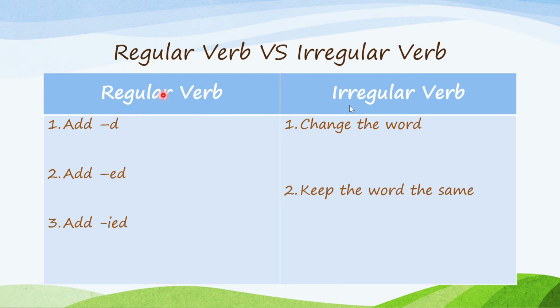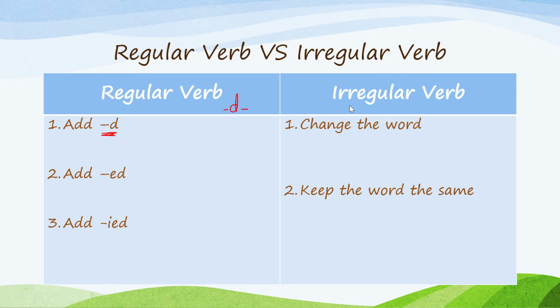Alright, di sini kita boleh tengok perbezaan antara regular verb dengan irregular verb. Alright, regular verb seringkali dikaitkan dengan kewujudan D. Ya, kewujudan huruf D dalam verb. Ya. Yang pertama, undang-undang yang pertama adalah menulis D pada akhir verb.